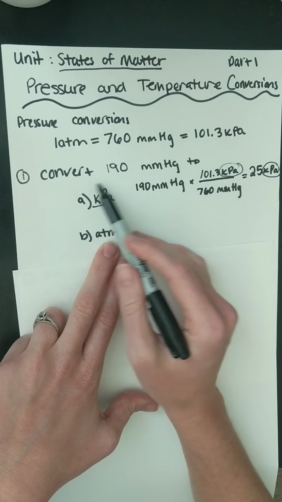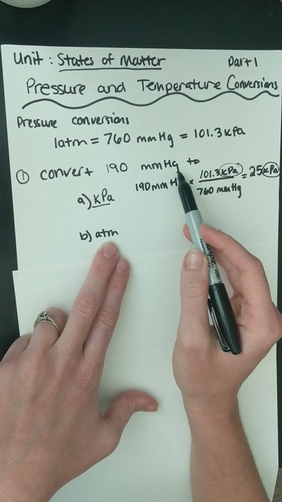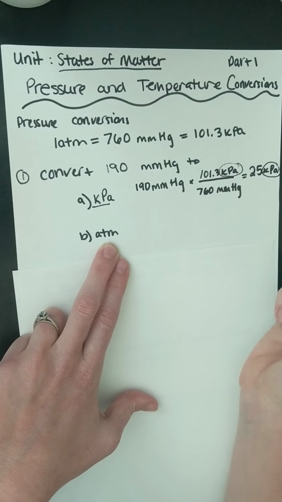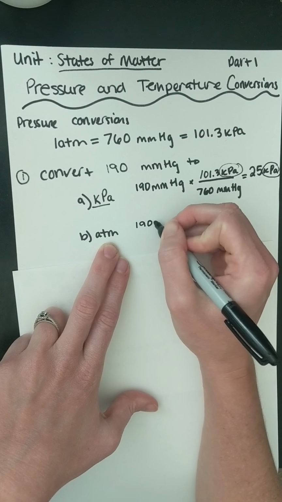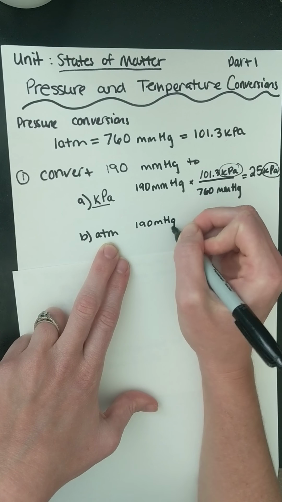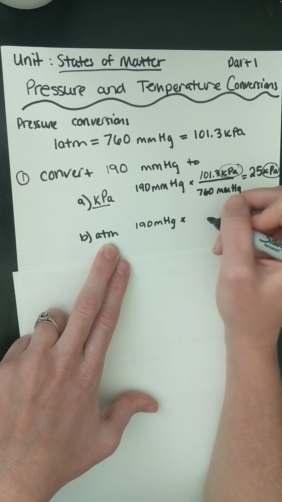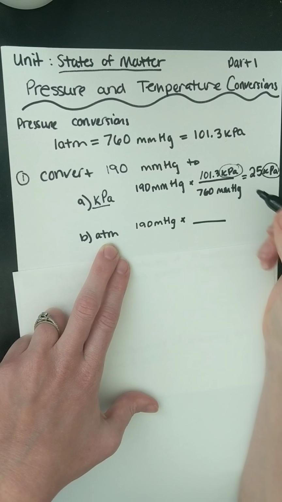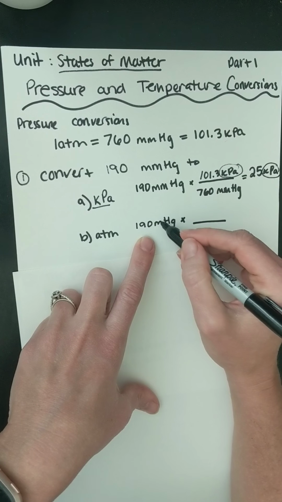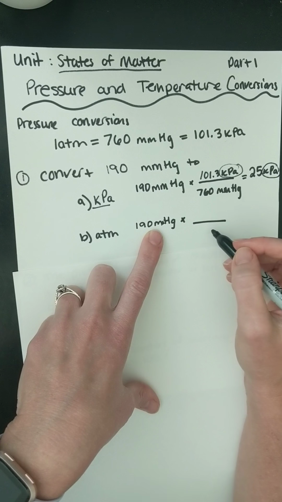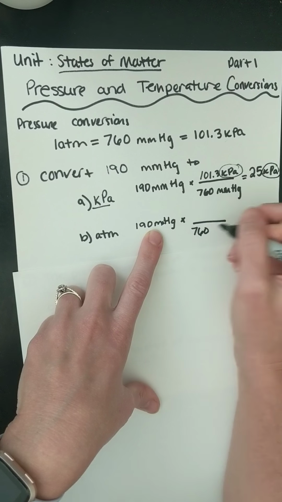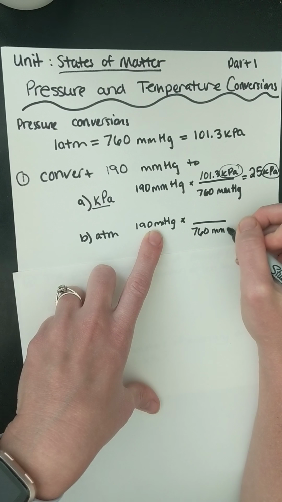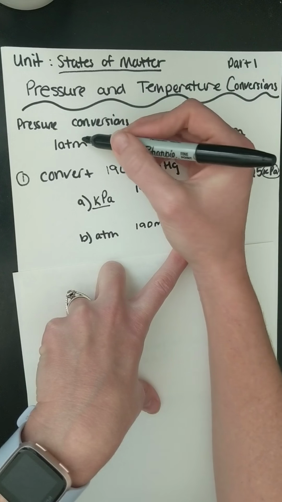Next, how do I convert 190 millimeters of mercury to atm? So again, you write down what you have. I have 190 millimeters of mercury, and then I use my conversion factor. If this is my unit here, I know that unit goes in the denominator, and the conversion is 760 millimeters of mercury for every what?